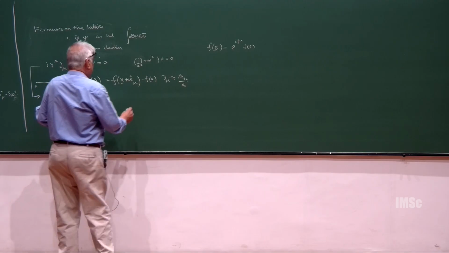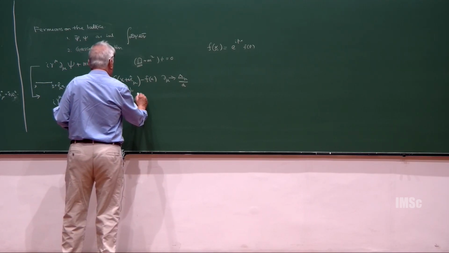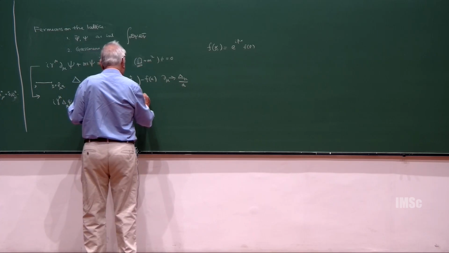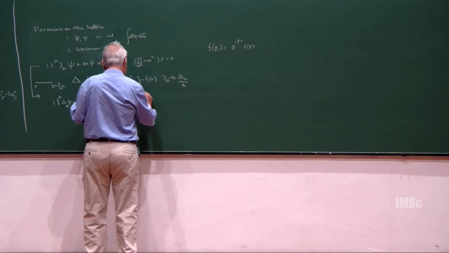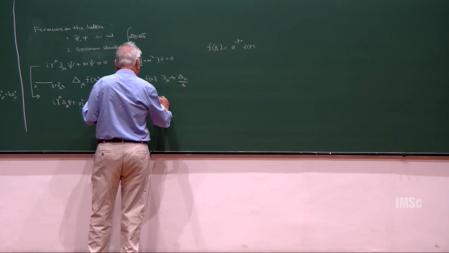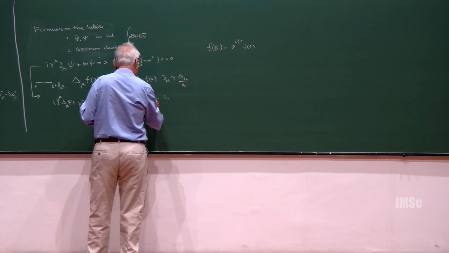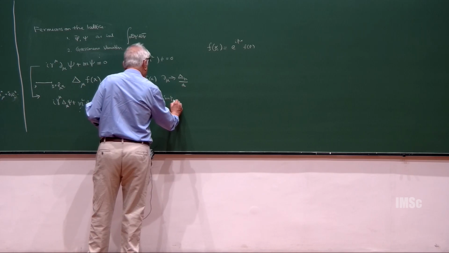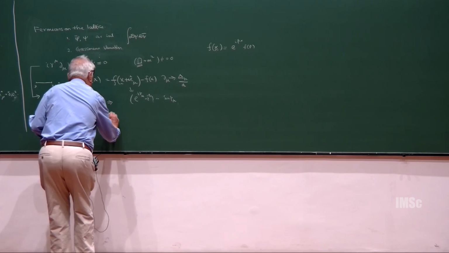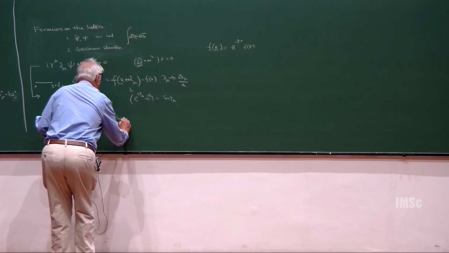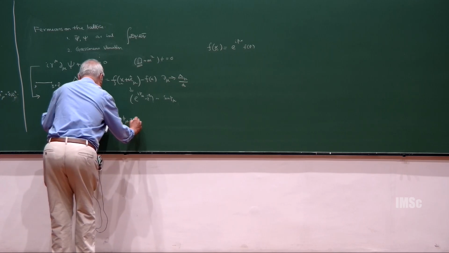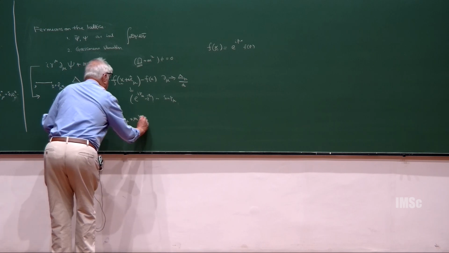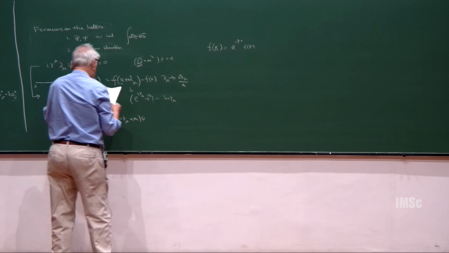So if you put it, you will get from this a e to the I p mu minus 1, and you have to be careful, you have to take back and forth difference, e to the minus I p mu, and you will end up getting sin p mu. So the Dirac equation becomes I gamma mu sin p mu plus m psi equal to 0.